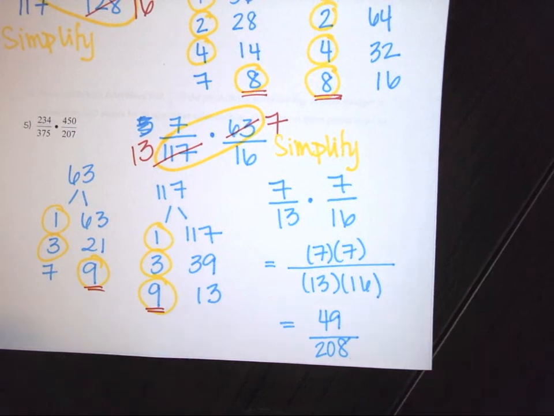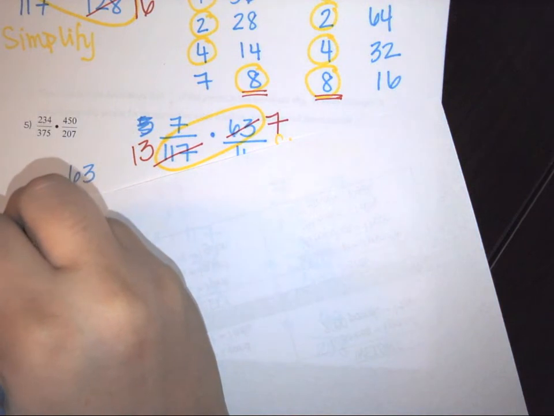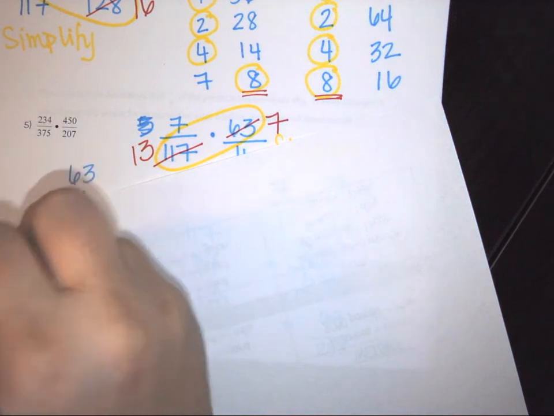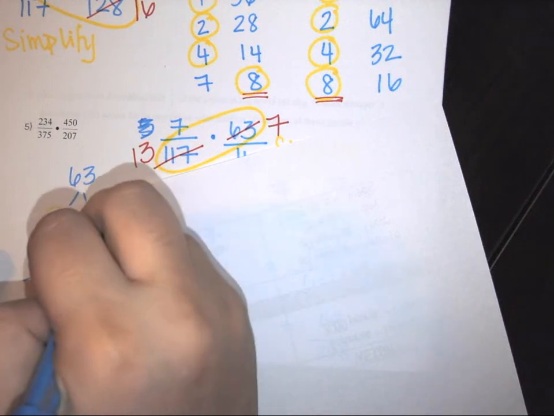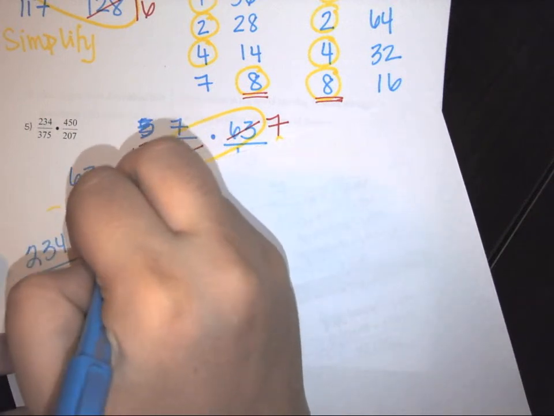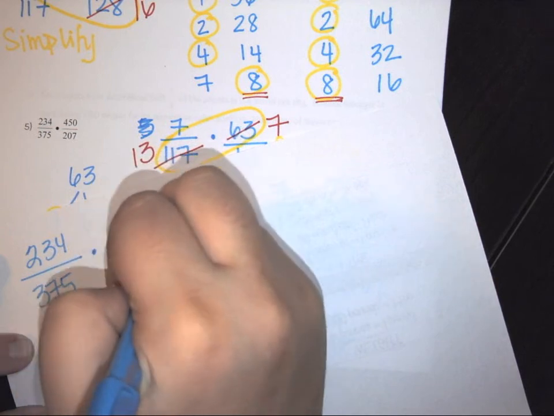Alright, now I wanted to do another big one, so let me grab a sheet of paper here. We are going to look at 234 divided by 375, and we're going to multiply this by 450 divided by 207.